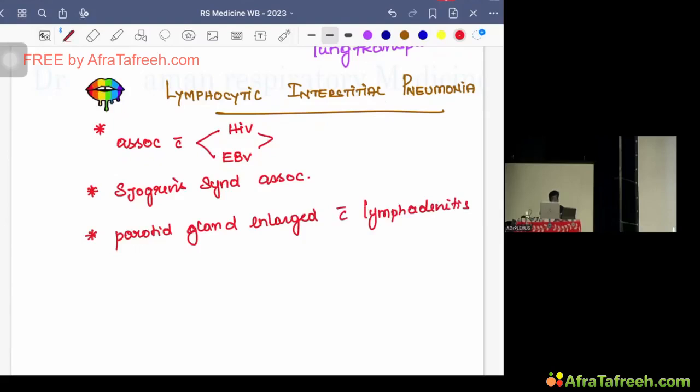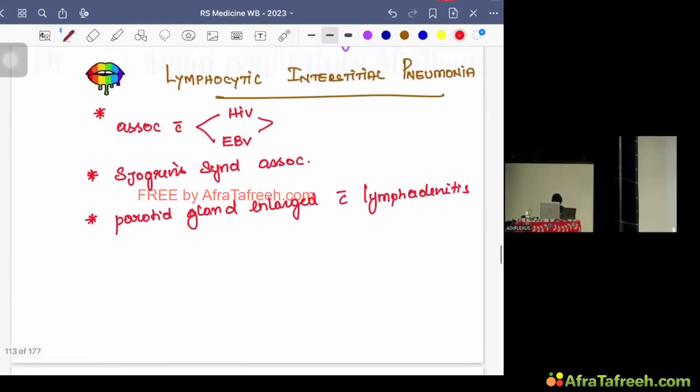There is parotid gland enlargement and lymphadenitis due to lymphocytic infiltration.